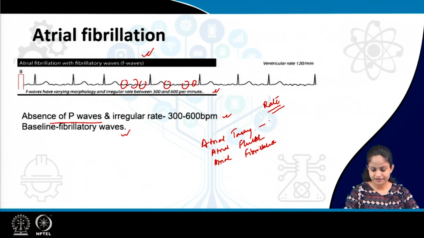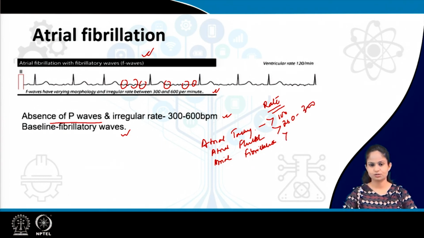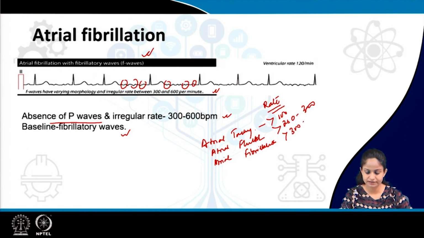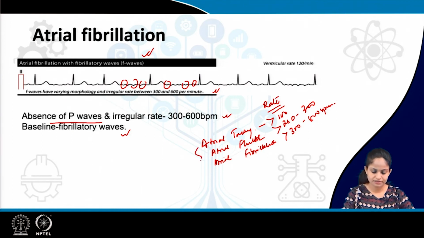The tachycardia is more than 100, the atrial flutter rate is around 250 to 300, and atrial fibrillation is obviously 300 or more, 300 to 500 or 600 beats per minute. So, this is all about your atrial tachycardias.